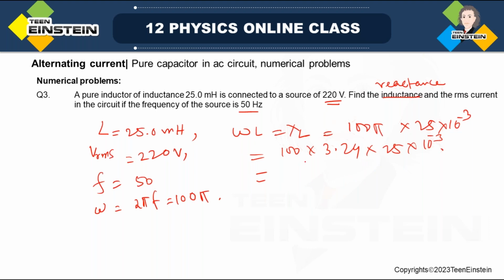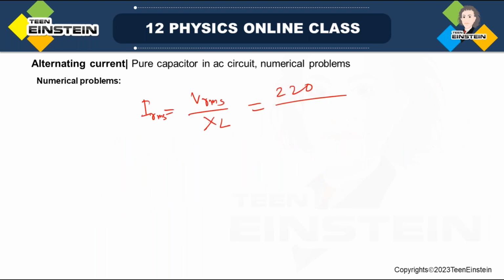If we just calculate this, it will be in ohm obviously, something like 7.85 ohm. And then you just put it here, so you'll get the current 28.03 ampere. So this will be the IRMS in the circuit.